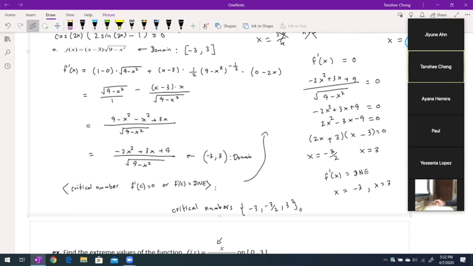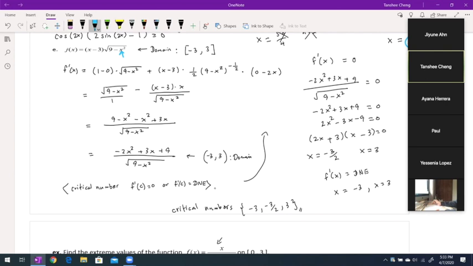And the reason why is if you think about any value less than negative 3, then x squared will be bigger than 9, and then you will get a negative value inside the radical, which will become a complex number, which we don't know how to talk about in calculus yet. We're barely starting calculus with real numbers.